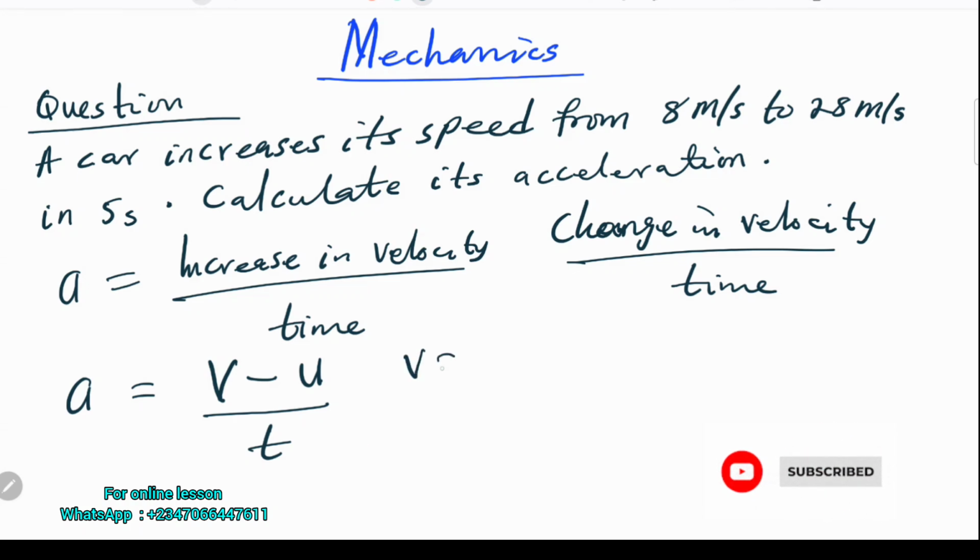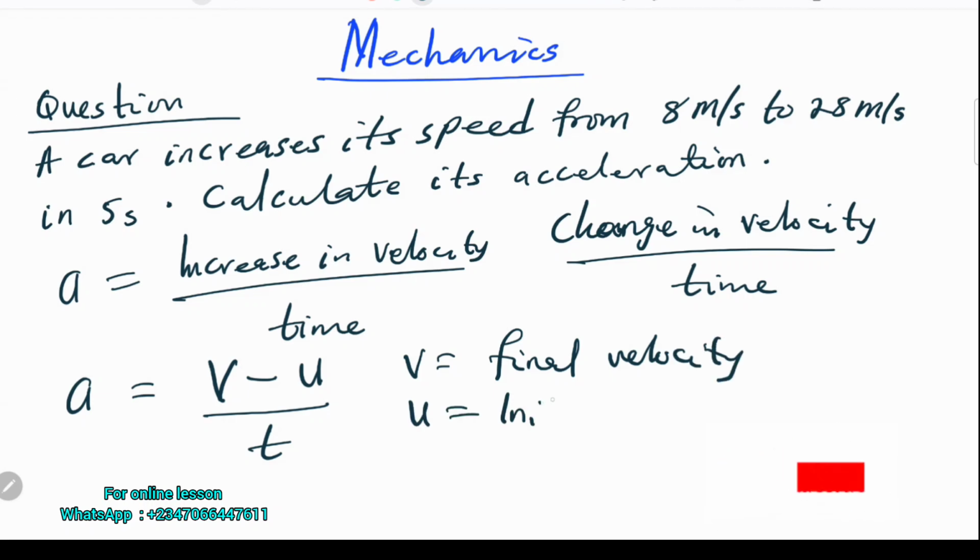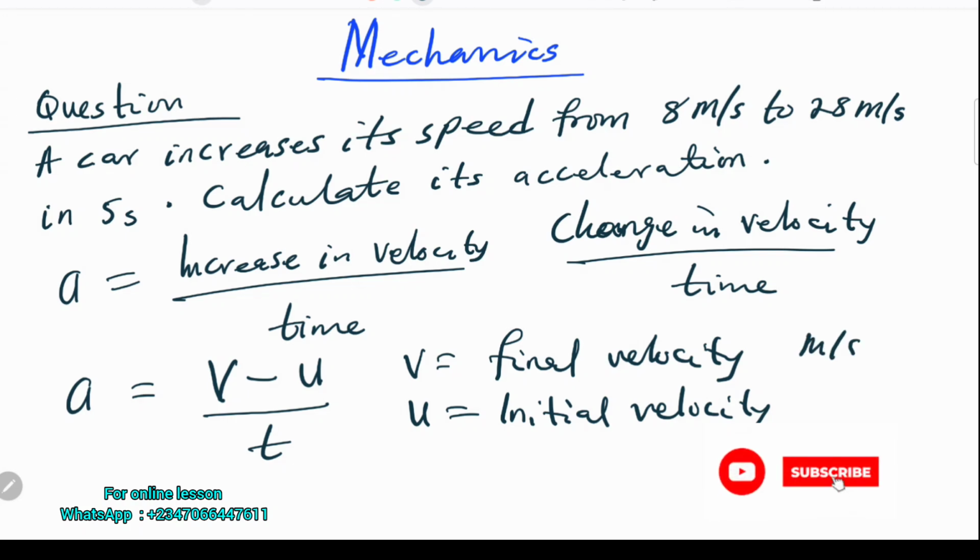So v is the final velocity, and u is the initial velocity. The unit of acceleration is meter per second squared. That is the SI unit. So this is what we need to know.